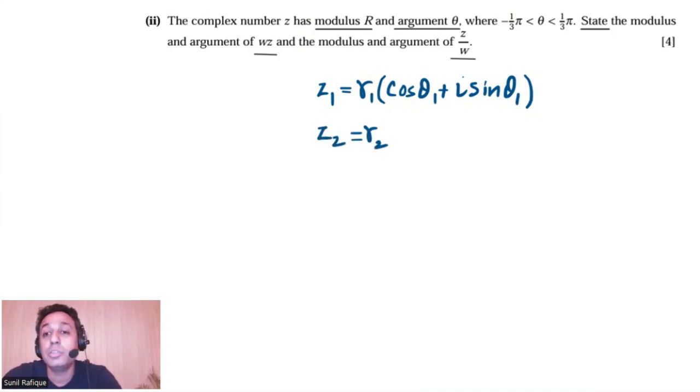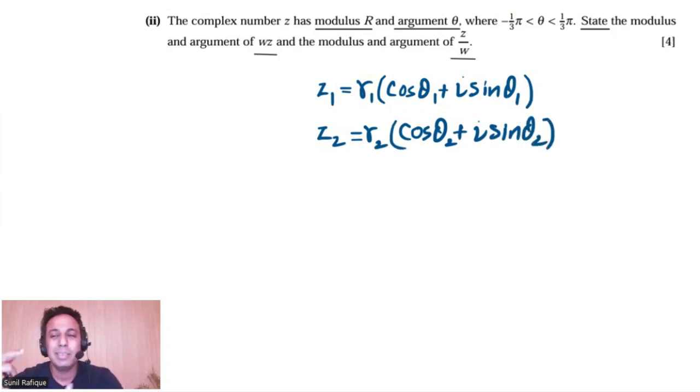Z2 is going to be r2 cos theta 2 plus iota sine theta 2. Now, you do not need to prove these, but getting to know them is very important. And maybe those students who are taking further maths, 9231, can dive deep into it and go ahead, prove these things. So the results look like this.